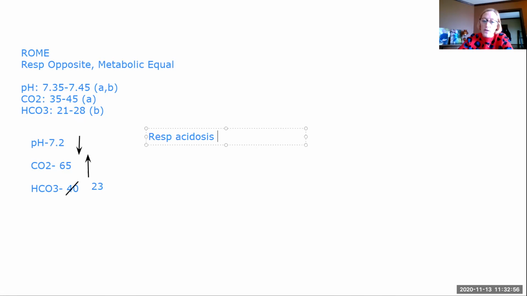Now it's pretty easy to guess because we just did partially compensated. Now we're doing uncompensated. If you're looking at it, you've got to look at your opposing system. Since it's a respiratory problem, we're looking at our bicarb. Is our bicarb doing anything to correct the problem? No, it's still normal.